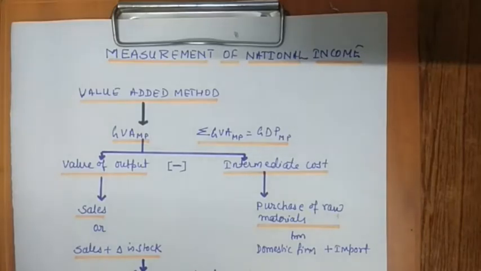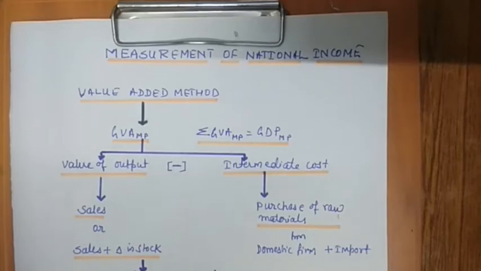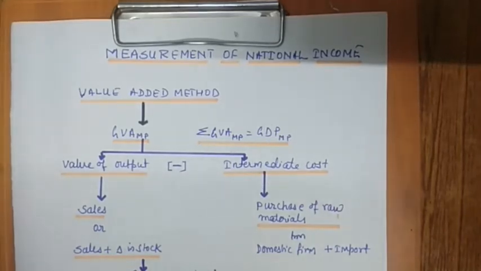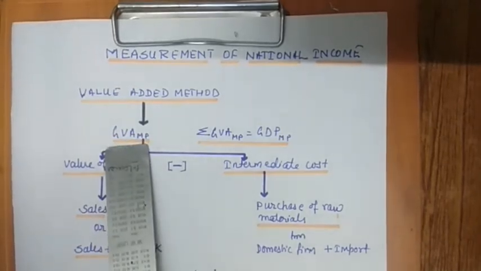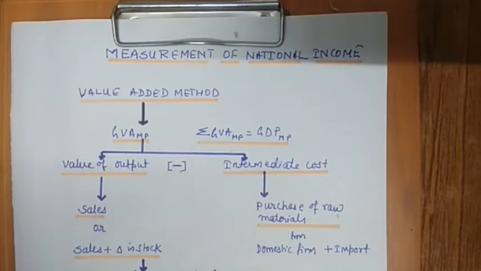The steps involved in this method are: first step is to identify all production units in the domestic economy and classify them into 3 sectors. The 3 sectors are primary, secondary and tertiary. Second step, estimation of GVA at MP by each production unit.